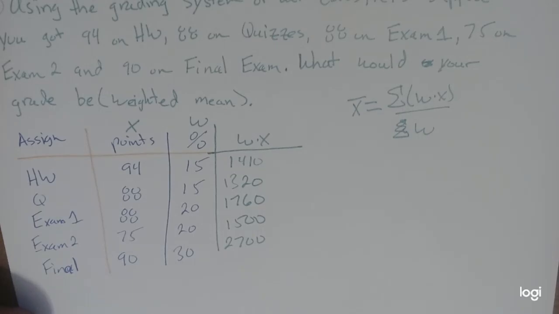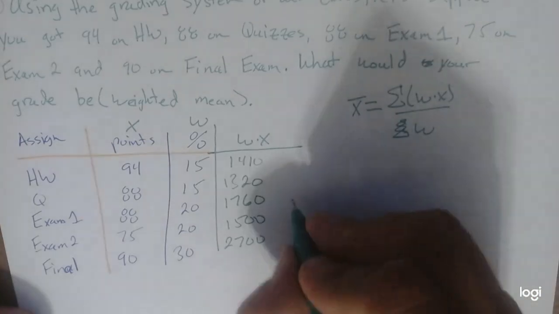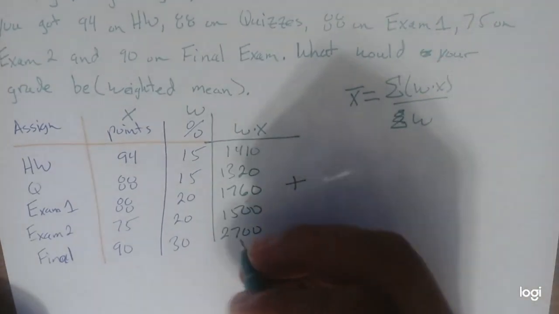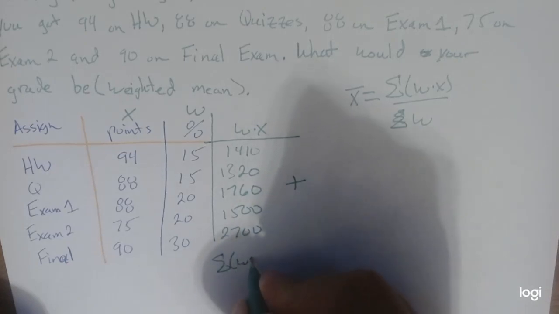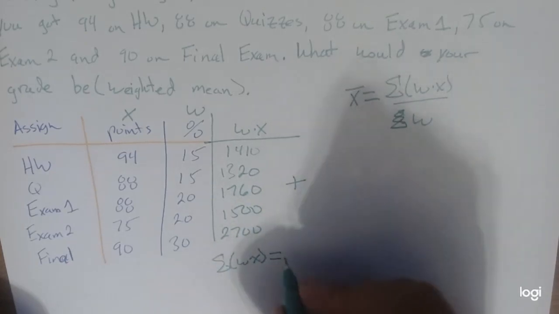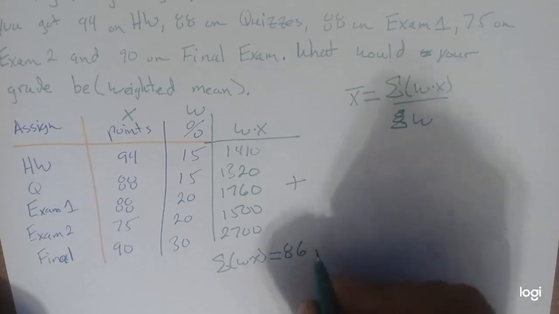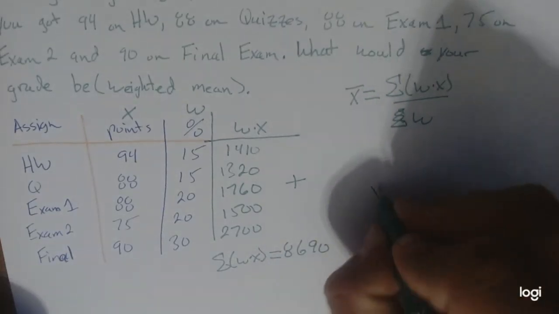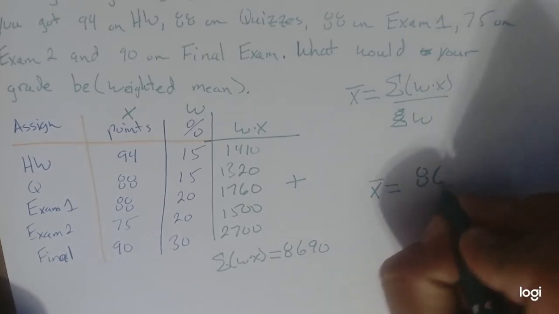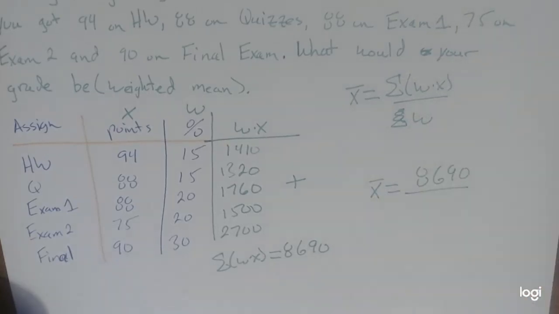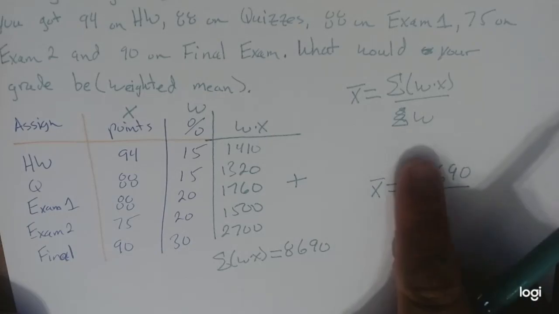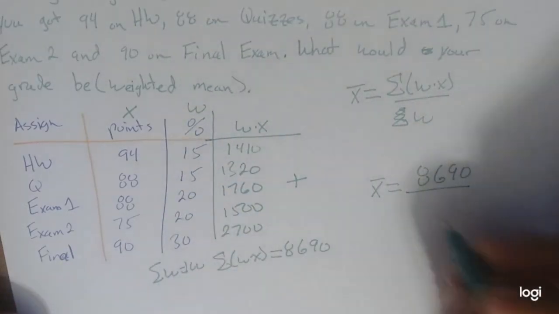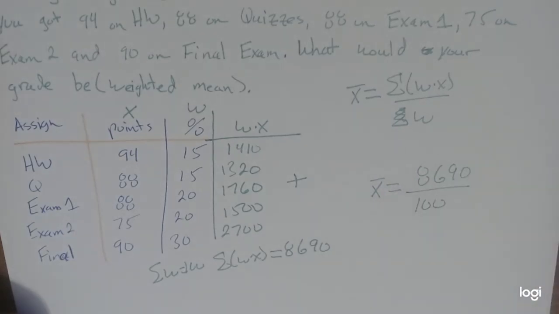Now the top number is a sum, so we add all of these up together, and I believe you should get 8,690. That's going to be our top number. The bottom number is the sum of W, so we add those up, and that should give you 100, if I did this correctly.